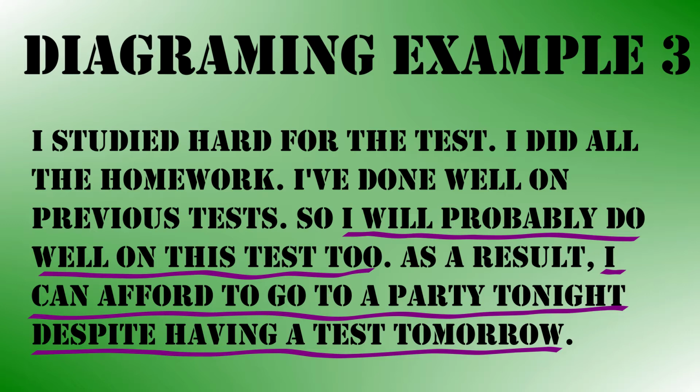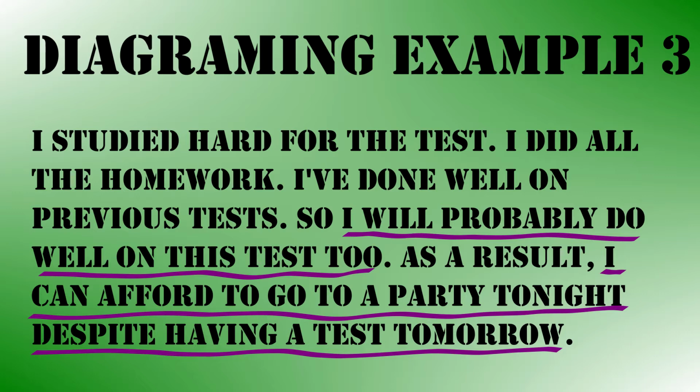Also, we know because of the diagram we just did that number 4 is supported, reasons are given to believe that number 4 is true by those first 3 premises. So maybe number 4 is still our conclusion. The problem with that is it's not really the case that that 5th sentence is a reason to believe that the conclusion is true. I can afford to go to a party tonight despite having a test tomorrow. That's not really a reason to believe I'll do well in the test. In fact, the opposite is true.